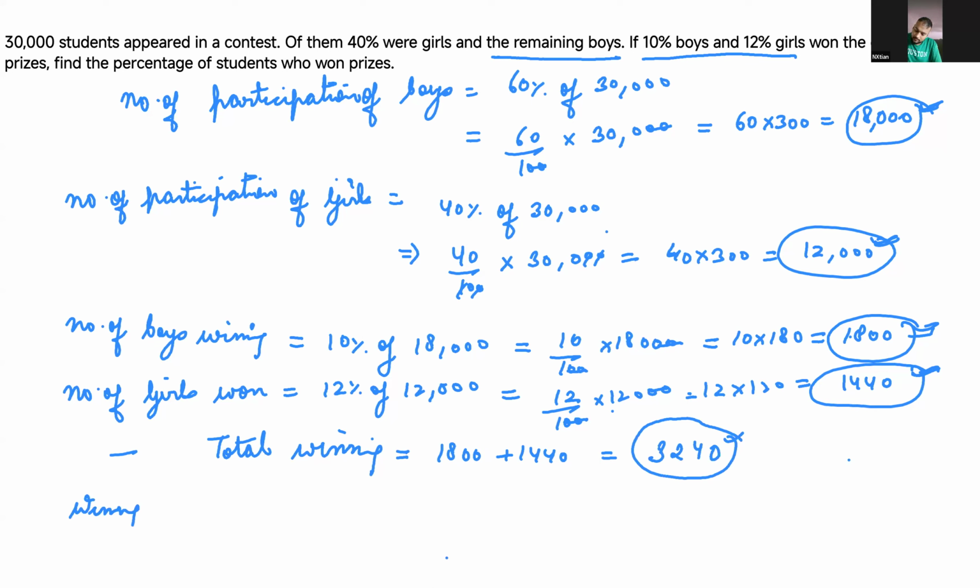So winning percentage will be 3240 out of 30,000, because total number of students is 30,000, into 100.